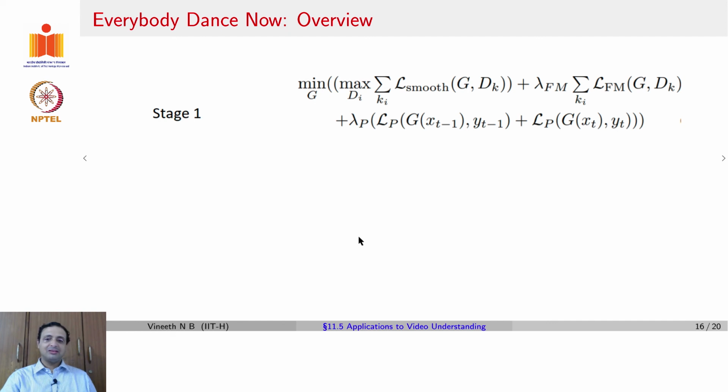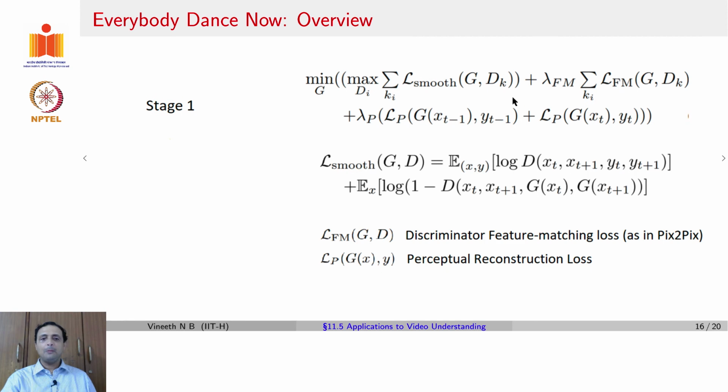Putting these together, in stage 1 in this particular framework, the first GAN is trained, and this GAN has a few components. It has an L-smooth GDK, which is the standard GAN loss that we already saw. This is your standard GAN loss that ensured temporal coherence. LFM gives a discriminator feature matching loss, very similar to pix2pixHD, between the generated image and the real image that comes from a discriminator.